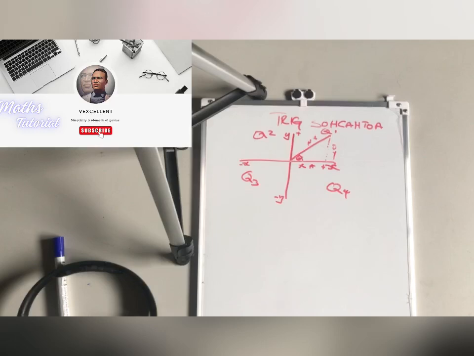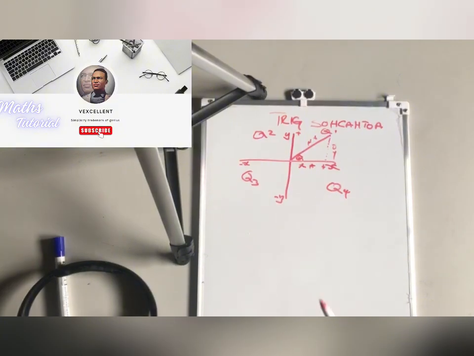It helps us identify, on each quadrant, whether sine is positive or negative. So how do we get to that?